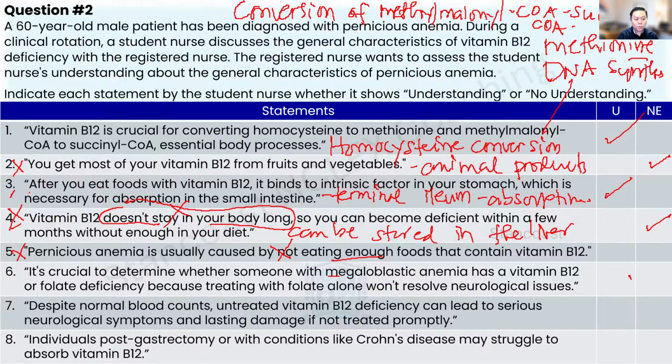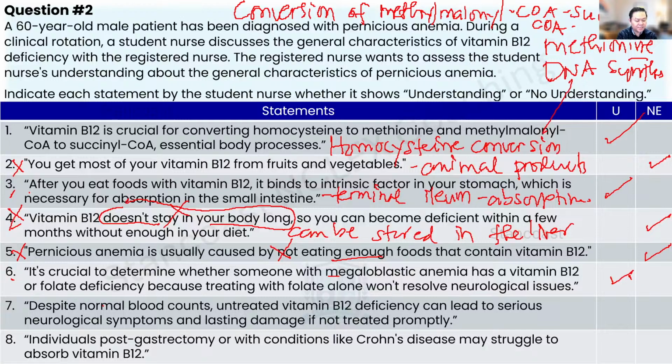And so we need to first identify if the patient has B9 deficiency or vitamin B12 deficiency, in order to prevent masking of the manifestations. So we're going to put number 6 as understanding.